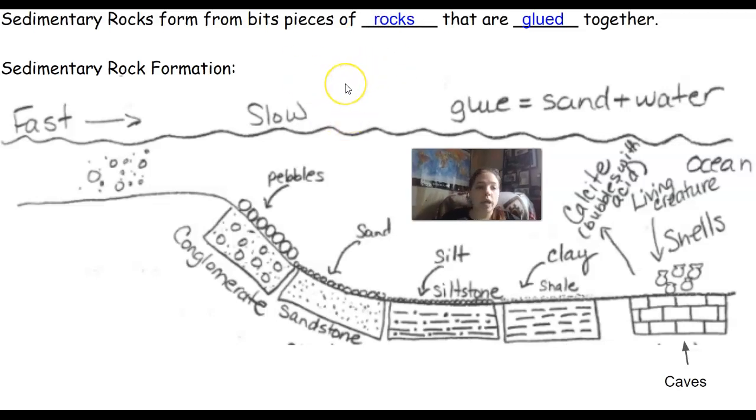So, first things first, we're looking at sedimentary rock formation, and say we're looking at the edge of a river or a stream that goes out into the ocean or into a big lake. You have all this fast moving water from the river or stream, and it's coming out with a mixture of all sorts of different types of rocks and pebbles and sand and silt and clay, just a huge mixture.